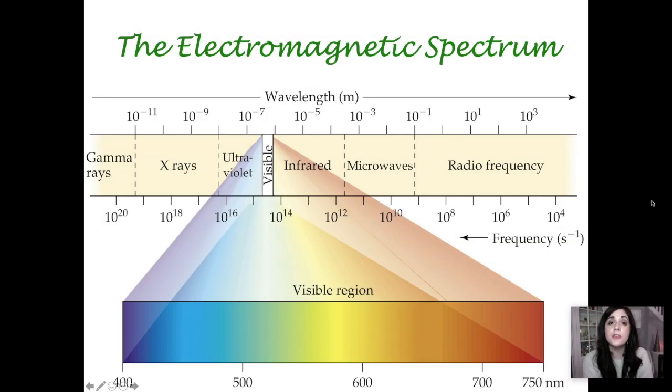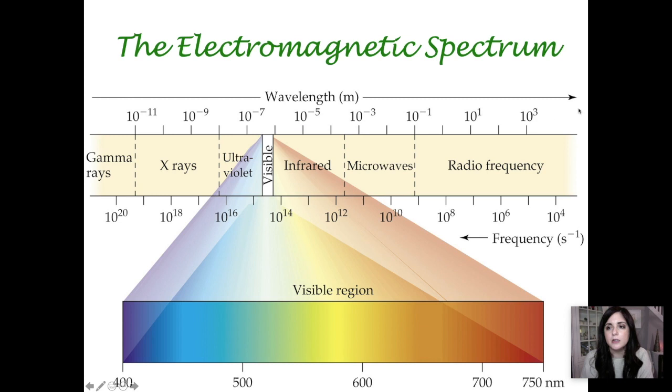So now that we've done those two problems, here's an actual electromagnetic spectrum. And as you'll see, radio waves are all the way on this side. And sometimes it differs. Electromagnetic spectrums are different depending on which one you look at. Some may have radio waves all the way on this side. It really doesn't matter. What you do need to notice, however, is that radio waves do have the longest wavelength.